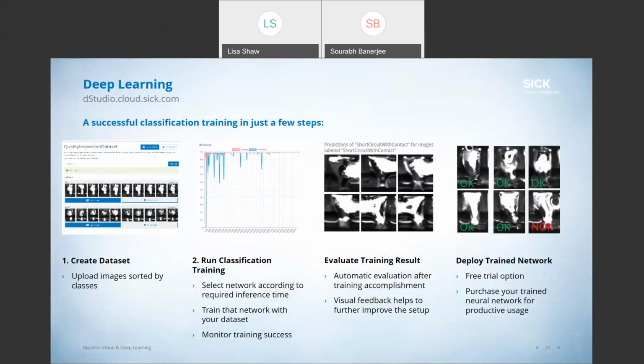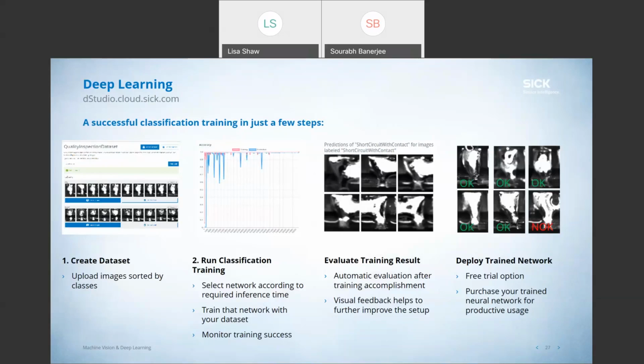And this is all done for free. The software is free. It's a cloud-based software. The only thing is, because of security, we request you to have a SICK login ID so that everybody has their own access levels. And the neural network that you can then download is also free. This is like a trial neural network that allows you to test it out.